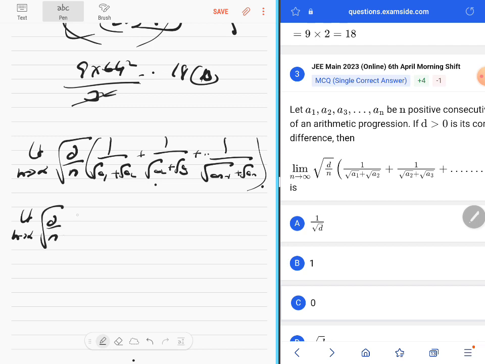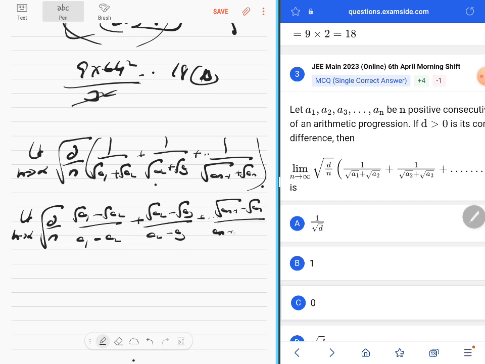Okay, so limit n tends to infinity, root of d by n. Let's rationalize this. You'll get root of a1 minus root of a2 by a1 minus a2, plus root of a2 minus root of a3 by a2 minus a3, plus dot dot dot, root of a(n minus 1) minus root of an by a(n minus 1) minus an.